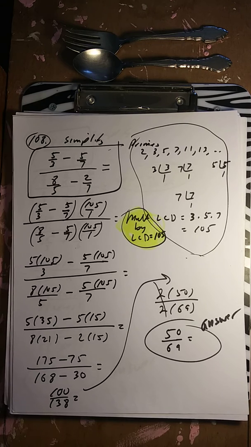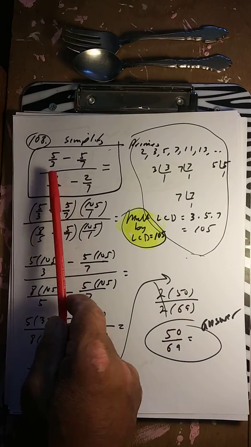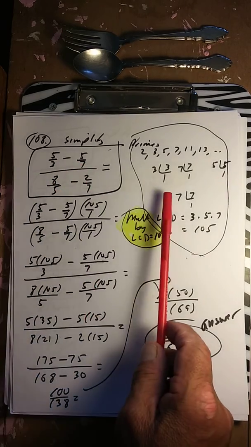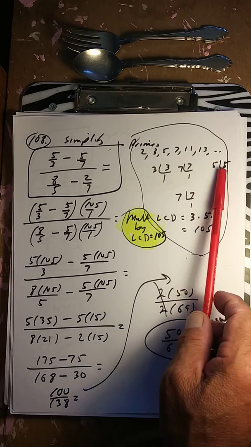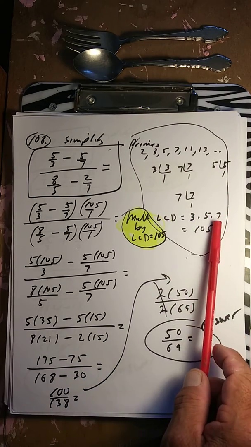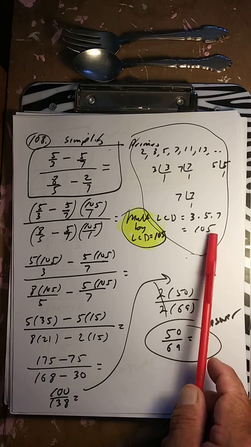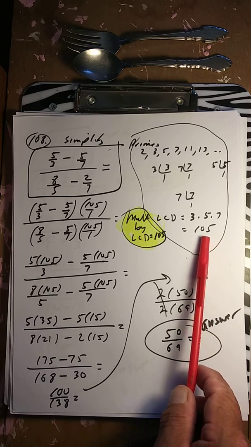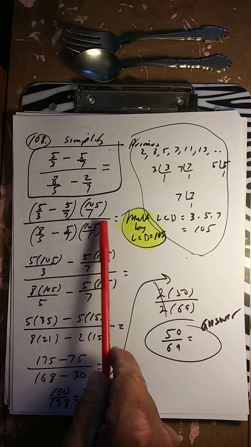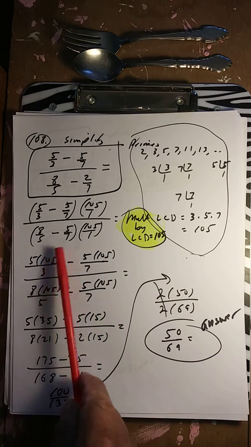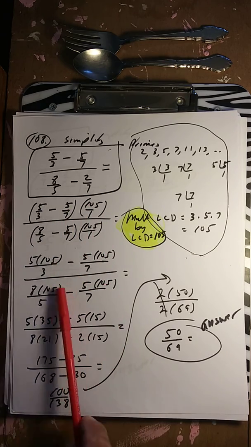Simplify this. Fraction minus fraction on top, fraction minus fraction on the bottom, complex fractions. So let's see. What is the LCD of 3, 5, 7? Well, we just got 3 times 5 times 7, which is 105. So I'm going to multiply the numerator, denominator, 105 there, 105 there. So 105 times the first one, second one, first one, second one.